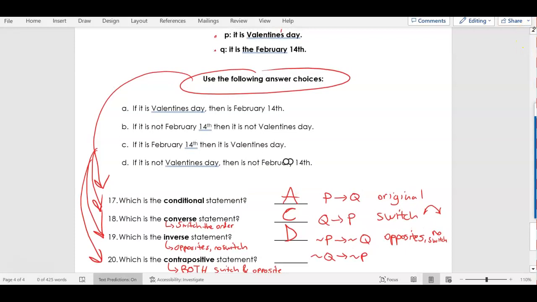Well, my original conclusion was February 14th. Now it's going to come to the front and become not February 14th, right? Opposite. So if it is not February 14th, then it is not Valentine's Day. So my best answer, of course, process of elimination, but you have to know this, is letter B. That's my contrapositive. Okay, it is switch and opposite.